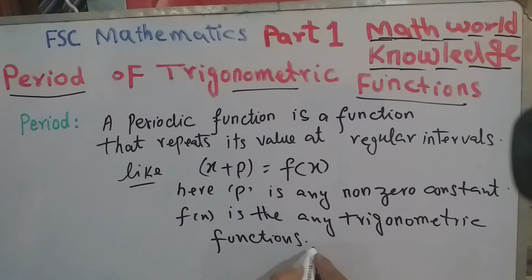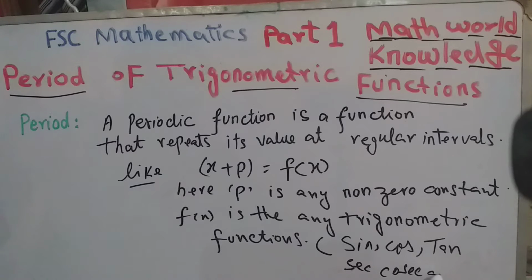All the functions that are the symbols of trigonometric function, like sine, cos, tan, secant, cosecant and cot. These are the 6 trigonometric functions. Any function in which sine, cos, tan, secant, cosecant and cot are involved is called a trigonometric function.